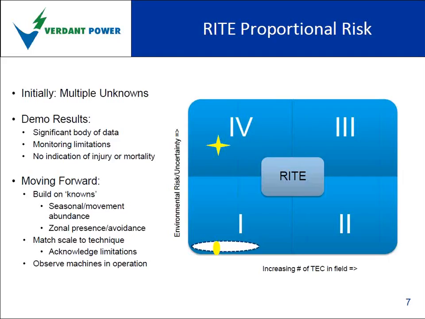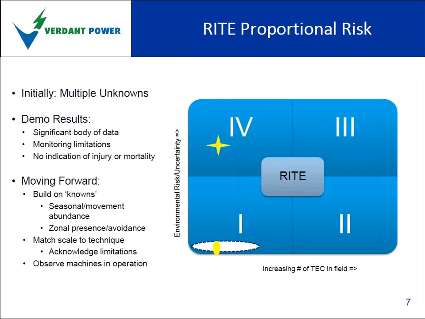So I want everyone to think about proportional risk here, and there are different ways to present this, but initially, the environmental community was very concerned about placing multiple machines in the water, and there were multiple unknowns and sincere concern of catastrophic risk associated in the fourth quadrant, the high risk and high effect.